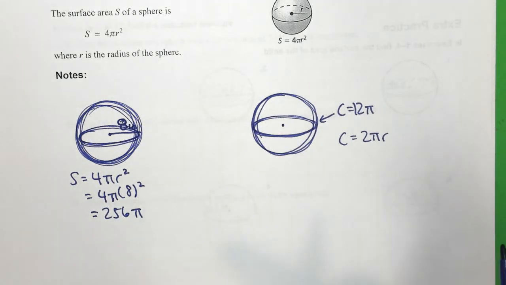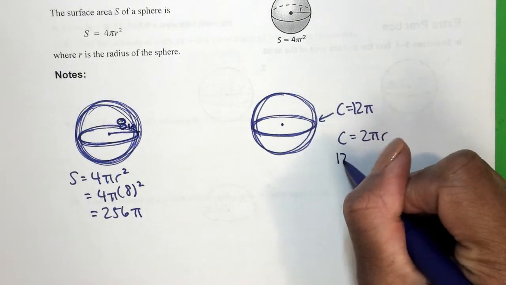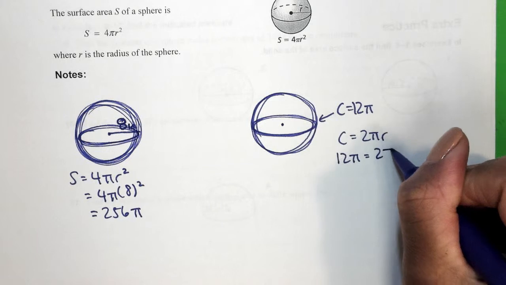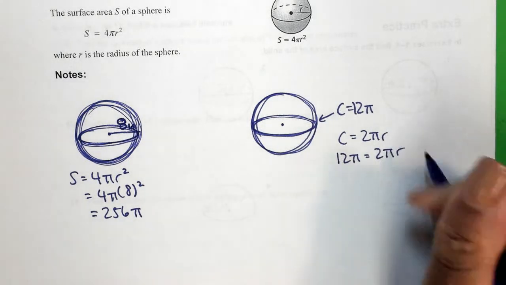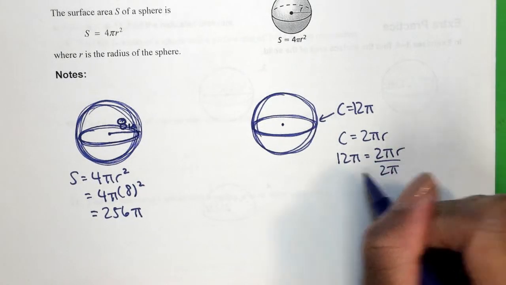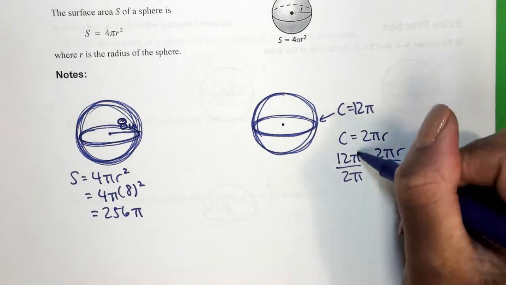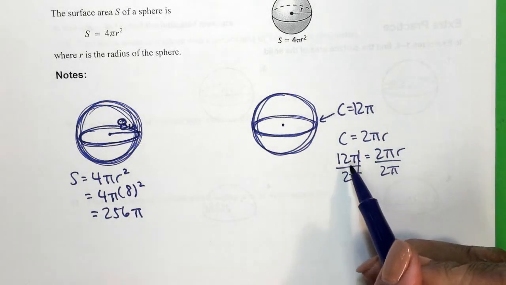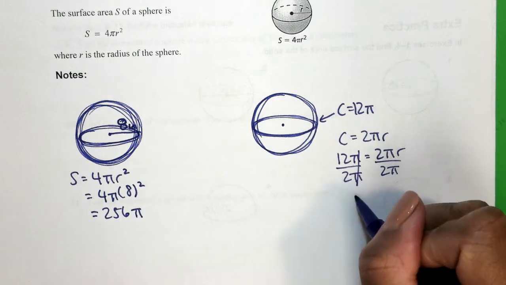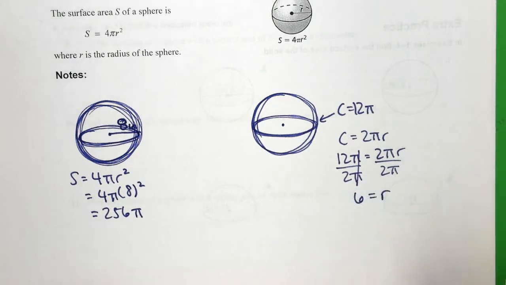So let's find the surface area. The circumference is 12 pi, and we have 2 pi r, so we're going to divide by 2 pi on both sides. The pi's will cancel out, and I'm left with 12 over 2, so 6 is the radius.